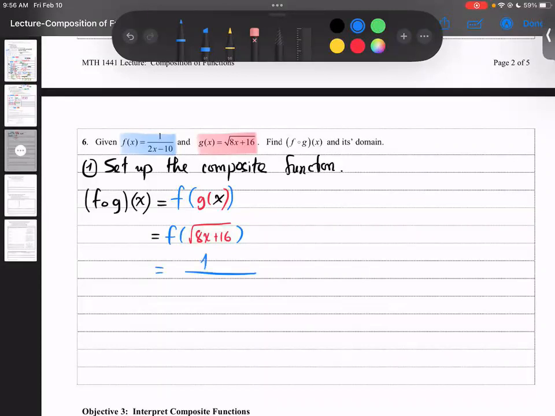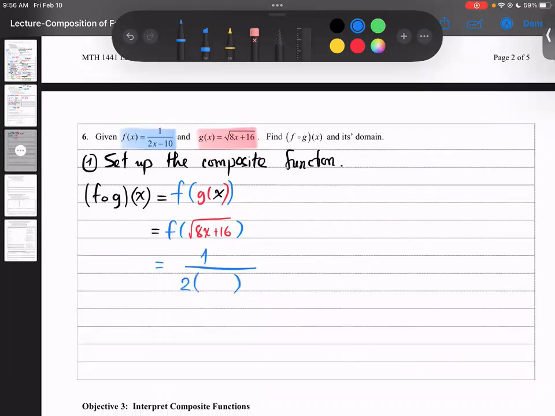So 2 times the block, which is the parenthesis, minus 10, and that block will be the square root of ax plus 16. That's it. There's no simplification you can do. Done.